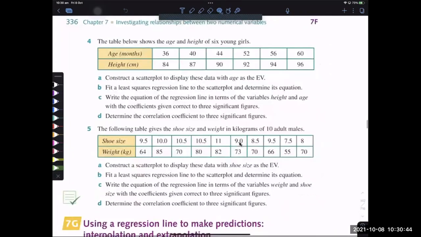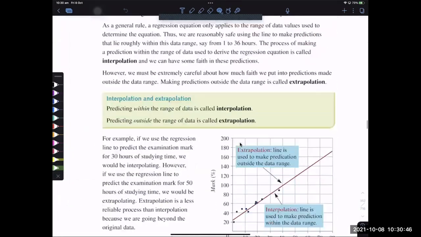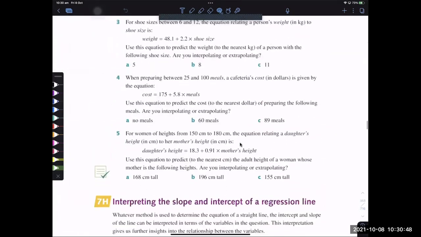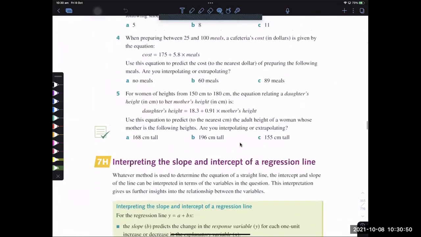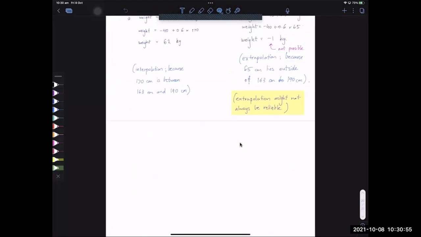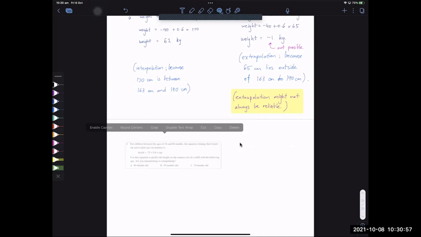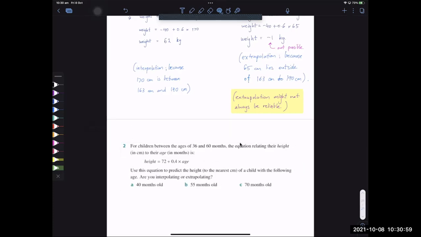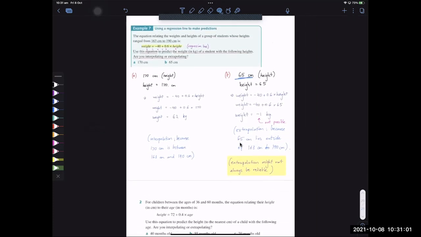I'll show you how a full question would be structured. Well, actually, as you do question number 2 here, I'm going to go look for an exam question.